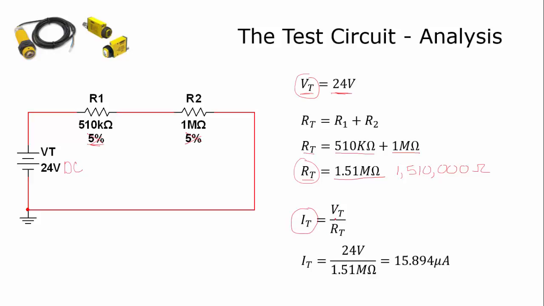And I is equal to V over R. If you're from the old school, this will be E T over R. You may have heard voltage can be represented with an E instead of a V. I tend to go back and forth between the two, but for the most part, textbooks today reference it as V. So I total is going to be 24 volts, which is our voltage total, divided by the total resistance, and in this case it's going to be 15.894 microamps. So now I have the total current of the circuit.